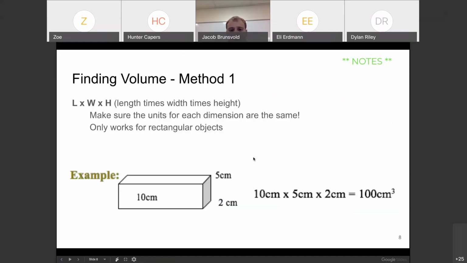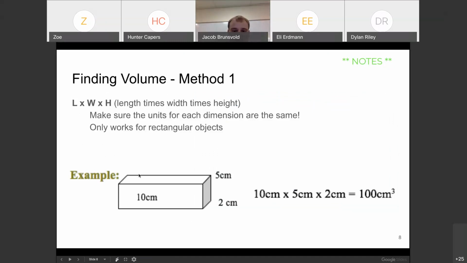All right, so how do you find volume? Well, there's two methods that we're going to talk about. The first method only works if you have a rectangular prism, or more simply a box. And this method's pretty simple. You just multiply the dimensions of the box together.